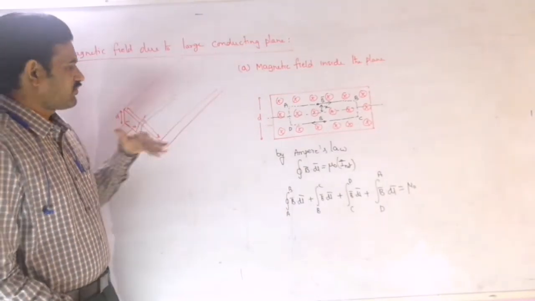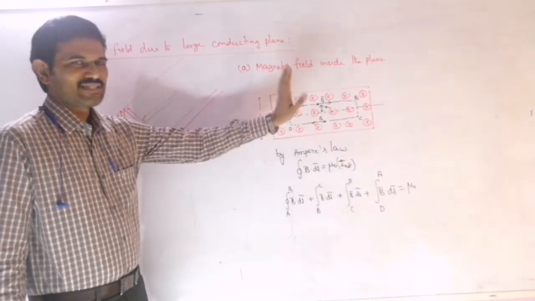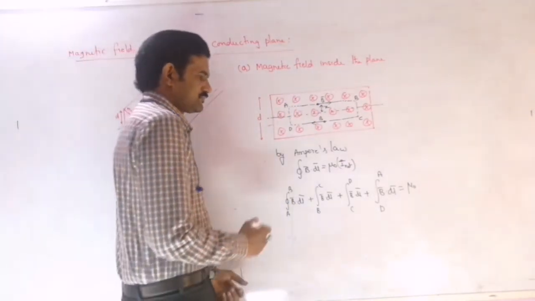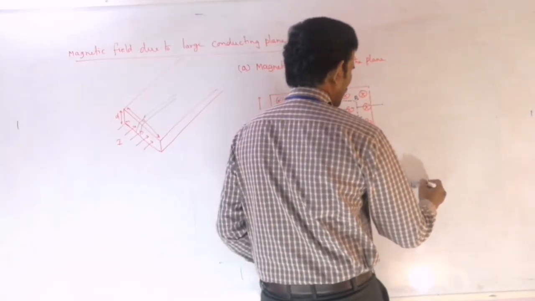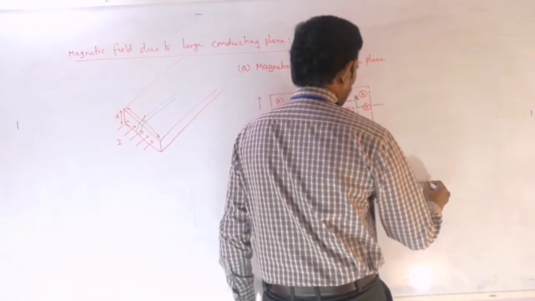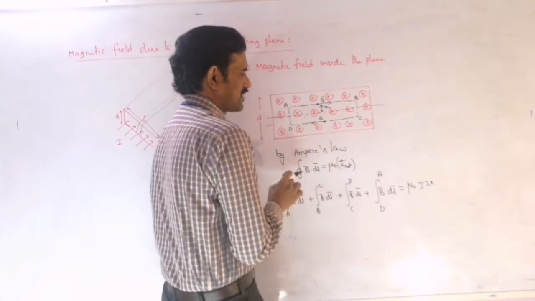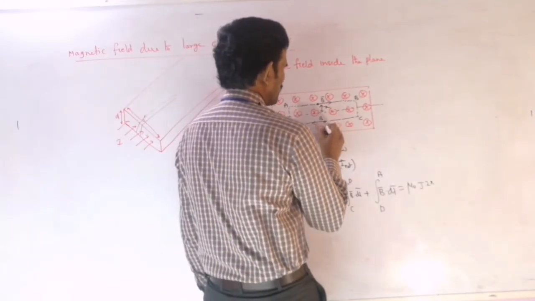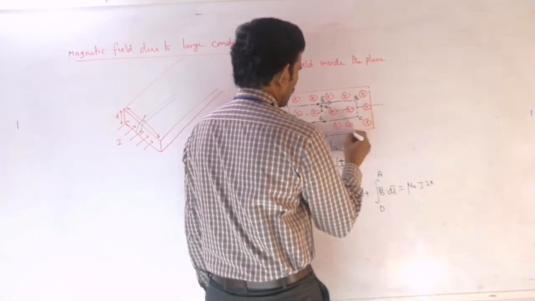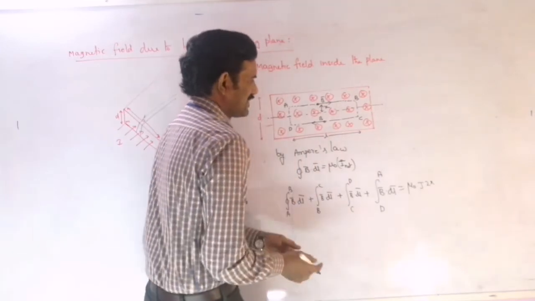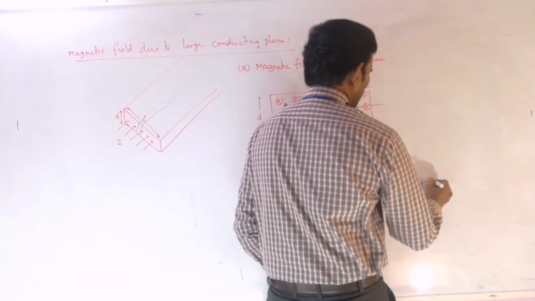Now this current I can write as J, where J is the current density, into 2x into L, where I take the length AB or CD as L.